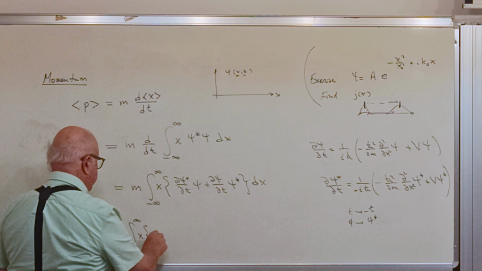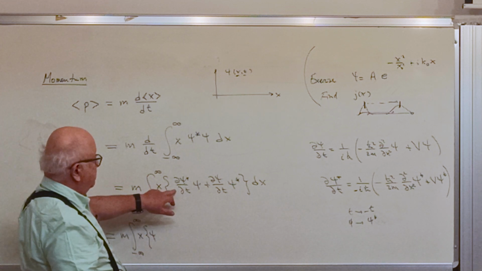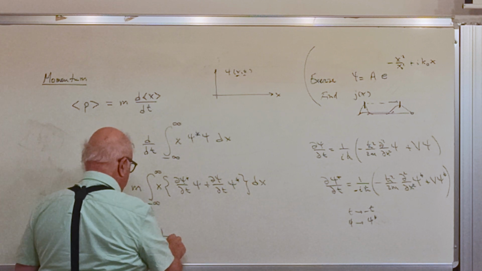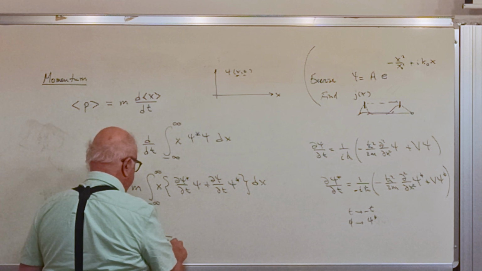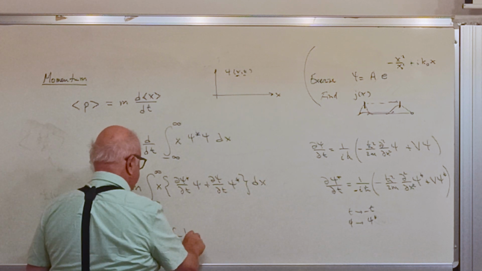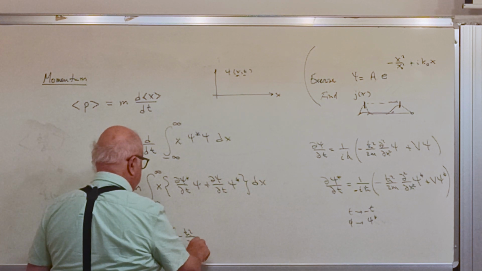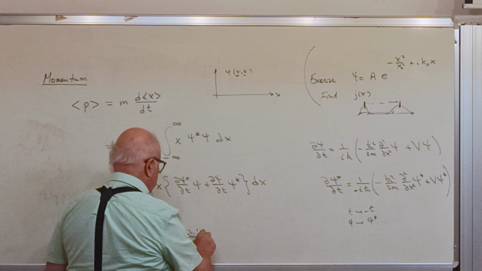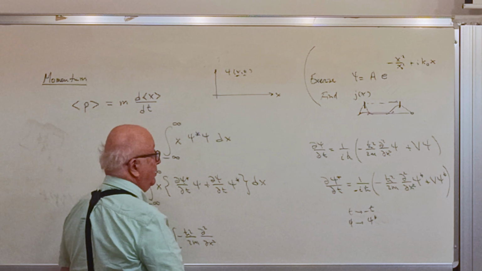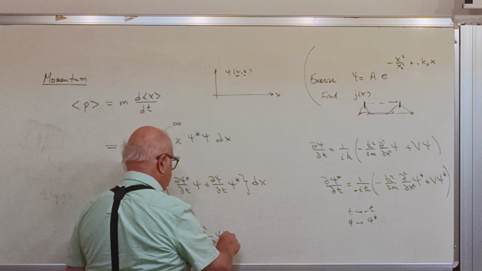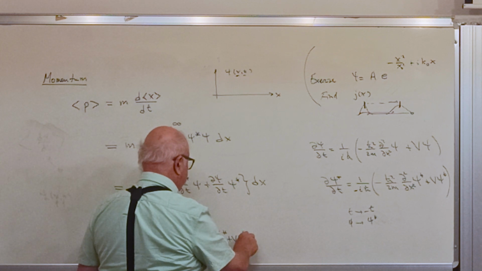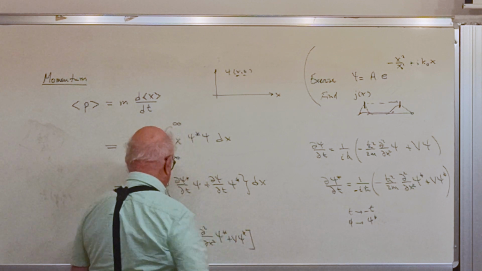Let me put psi star first, so it's going to be 1 over minus i h bar, all that stuff, minus h bar squared over 2m del squared over del x squared of psi star plus V psi star. That's the first term.